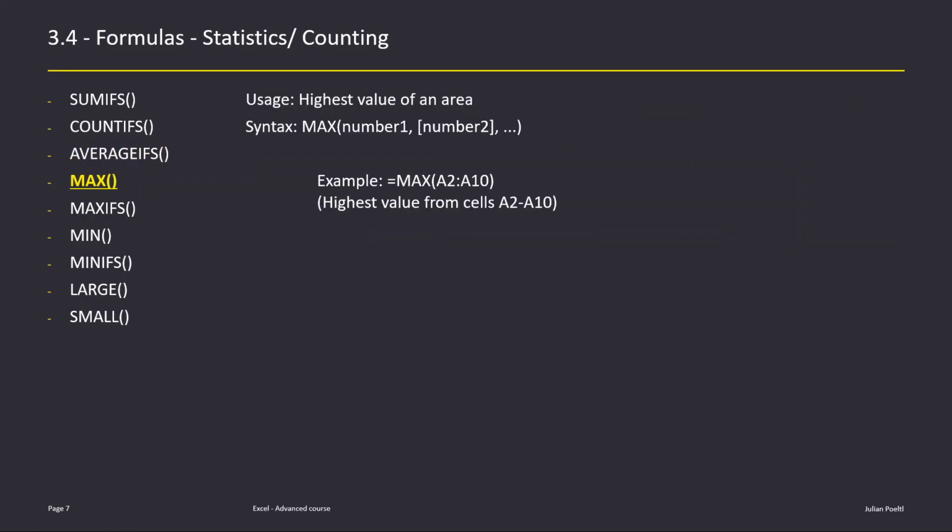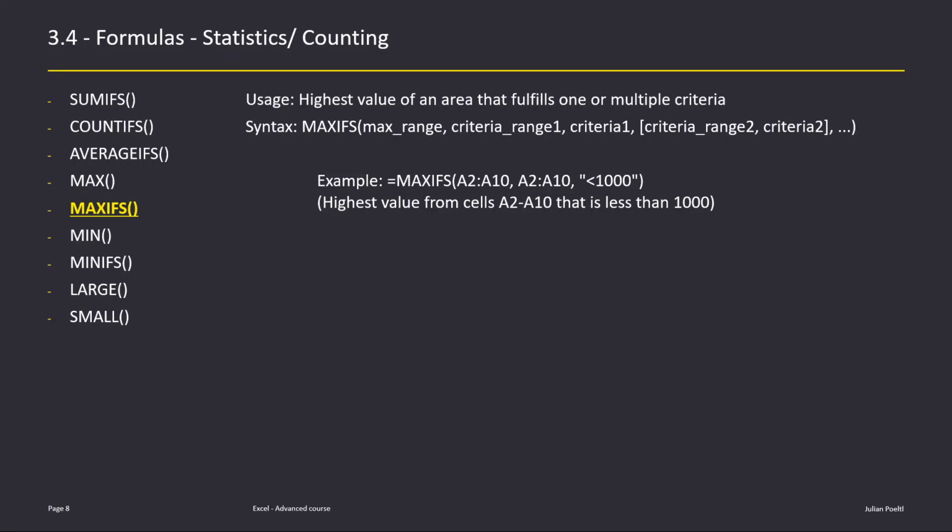The MAX function gives you the highest value in an area, so the highest number of an area, column, an array, whatever you want. MAXIFS outputs the highest value that fulfills the criterion or multiple criteria.